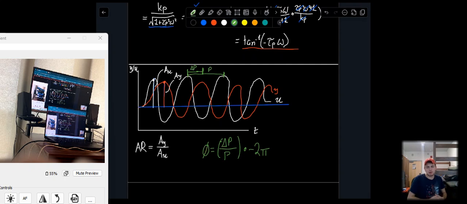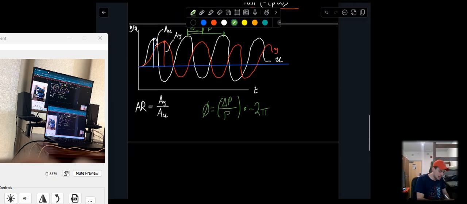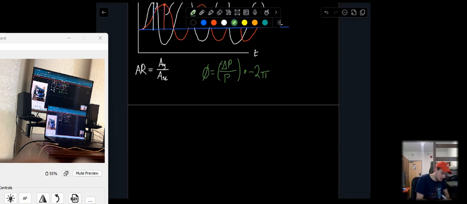This definition of the phase angle brings into context the importance of the Bode plot, simply because let's see what happens if we plug in negative pi radians into this formula here. So phi is equal to negative 2 pi times delta P over P. A really interesting characteristic is what happens when we look at negative pi.